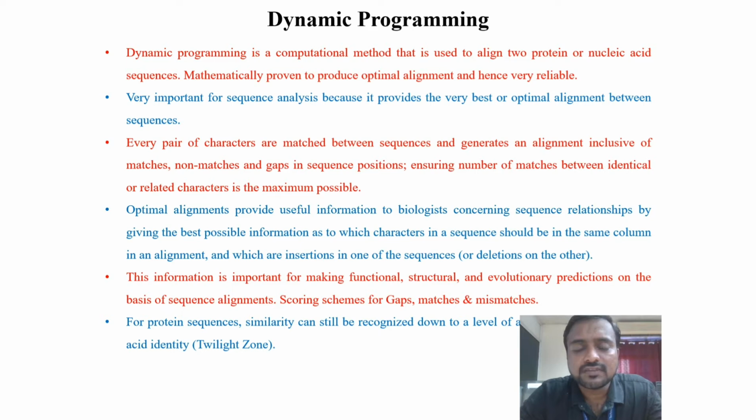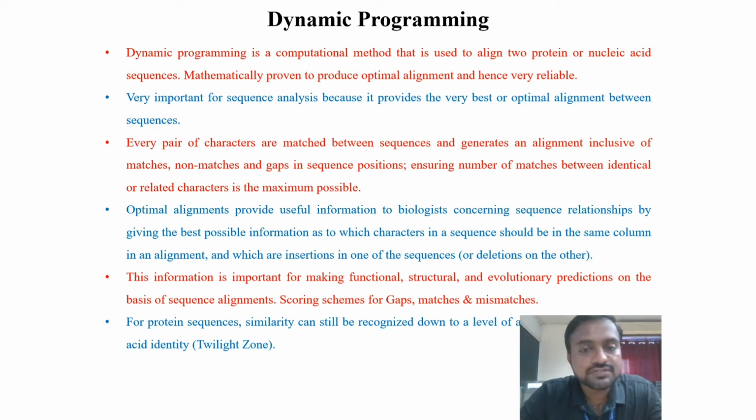So in this approach of dynamic programming, every pair of characters is matched between the two sequences, and what you get is an alignment that consists of the matching regions, the non-matches, and also gaps. These are the gaps which are inserted into the alignment so as to achieve as many matches as possible.